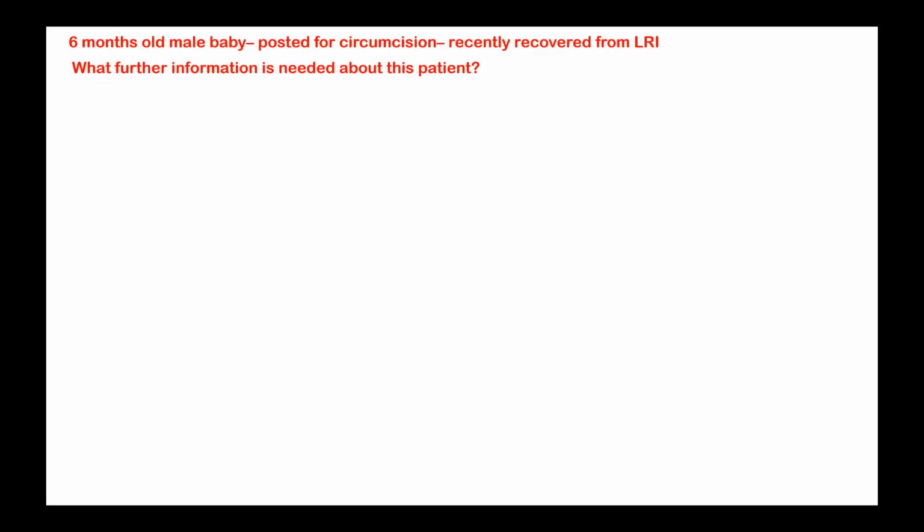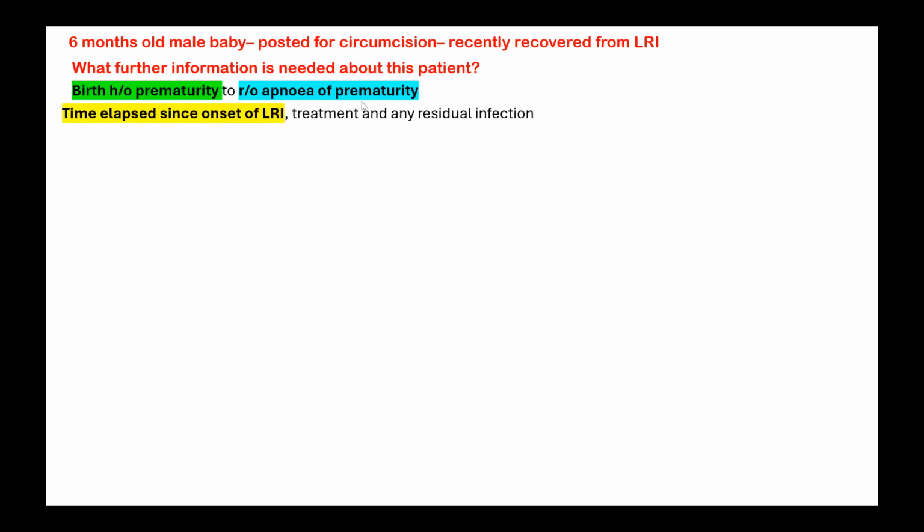Now that baby is coming for circumcision at 6 months. What is the risk involved? Apnea of prematurity. Fantastic. So that is the importance of that particular history. So birth history of prematurity, to rule out apnea of prematurity, number one.